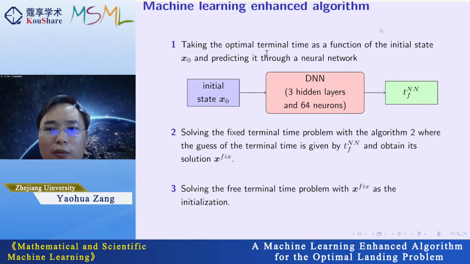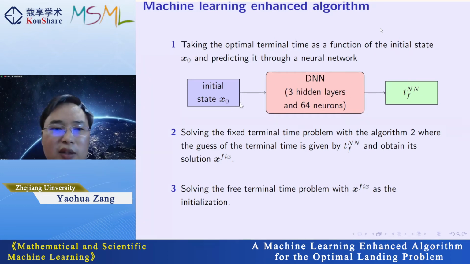Considering all the above, we propose the machine learning enhanced algorithm to solve the free terminal time problem. The proposed method mainly contains 3 steps. In the first step, we use deep neural networks to learn the relationship between the initial state x0 and the optimal landing time TF star. So we can use the deep neural networks to first make a prediction of the optimal landing time TF star.